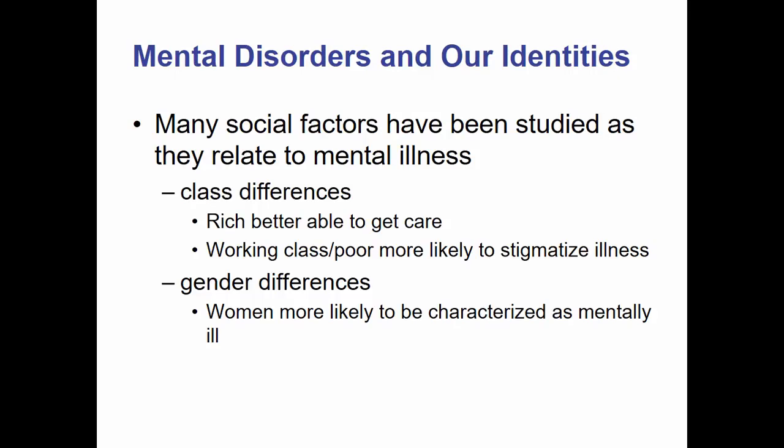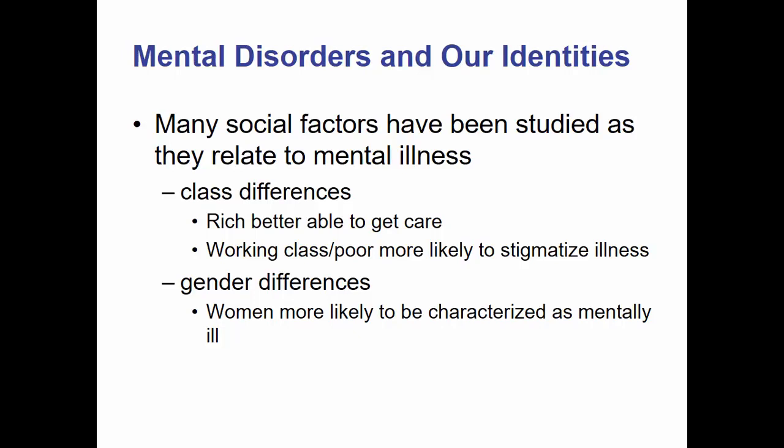So, now let's talk about mental disorders and our identities. Many social factors have been studied as they relate to mental illness. This includes class differences, gender differences. For example, rich people are able to get better care for mental illness. And working class or poor people, particularly those who have been unable to get an education and be exposed to the kind of information you're being exposed to now, are more likely to stigmatize mental illness, right?